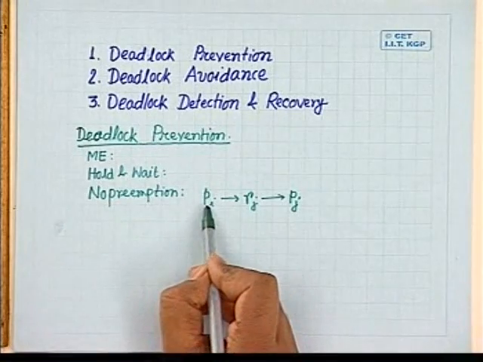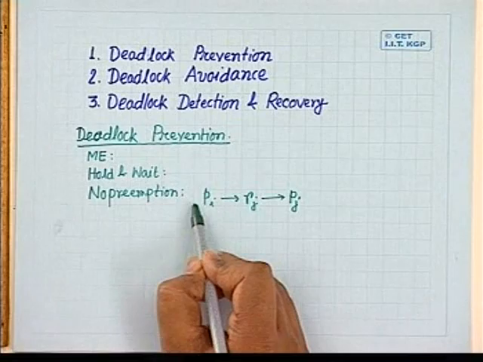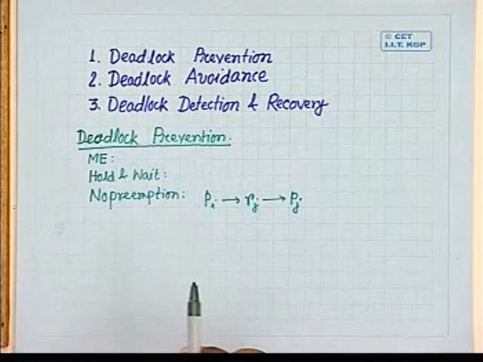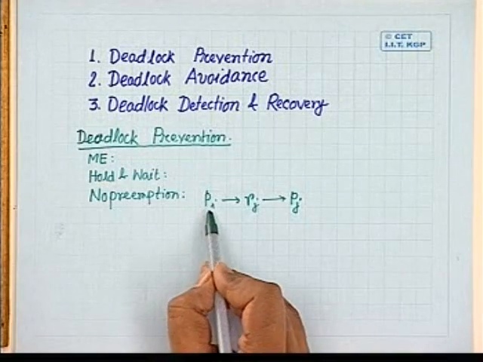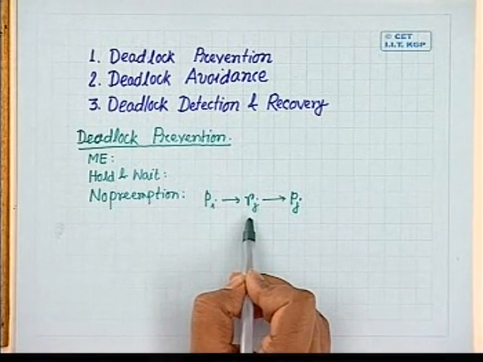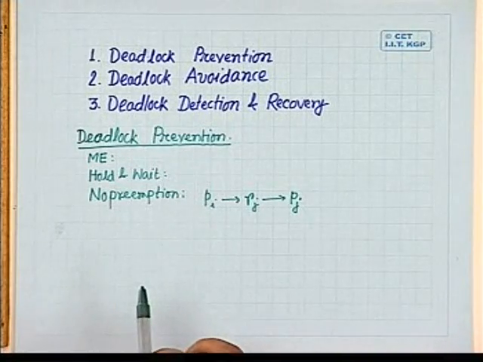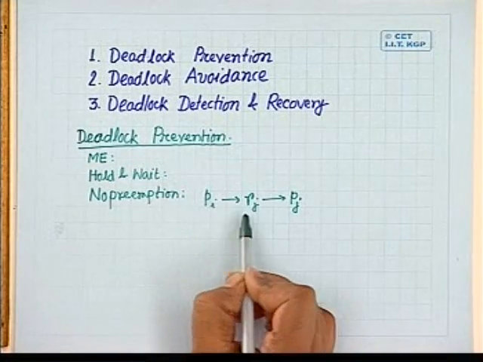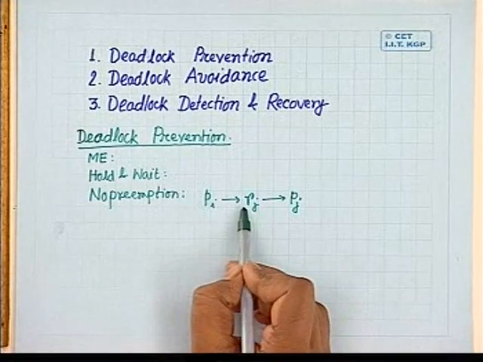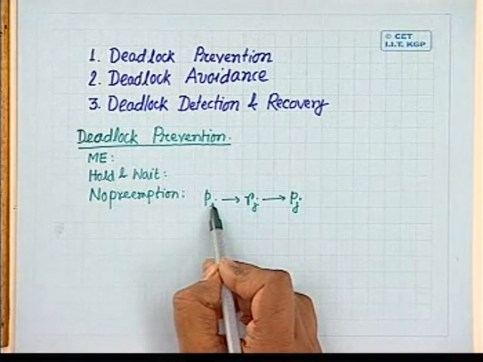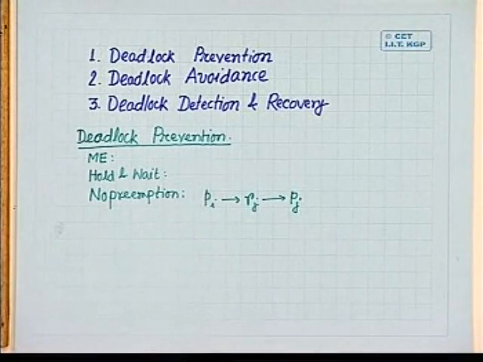And that resource which is now released is added to the list of resources which will be requested by Pi in future. Okay. So because Pi has to wait for the release of Rj, I will not allow Pi to hold any resource at this point. However, if Pi is not to wait for this resource Rj, then I don't have any problem. I can immediately allocate it.